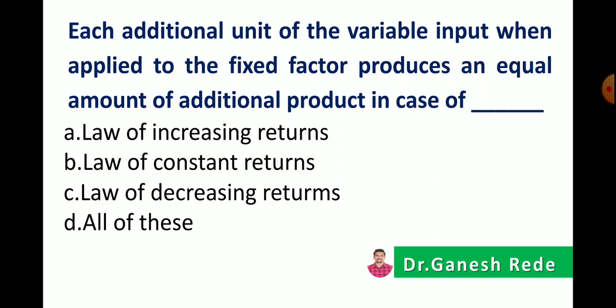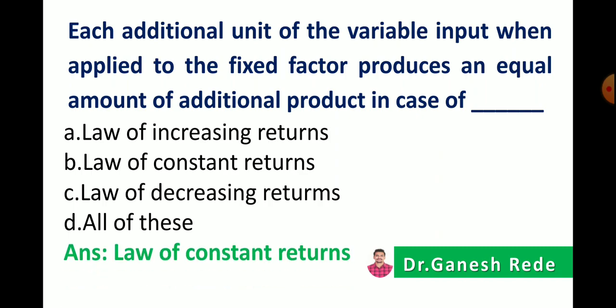Correct answer is each additional unit of the variable input when applied to the fixed factor produces an equal amount of additional product in a case of law of constant returns. Equal amount of additional product means it is related to law of constant returns.